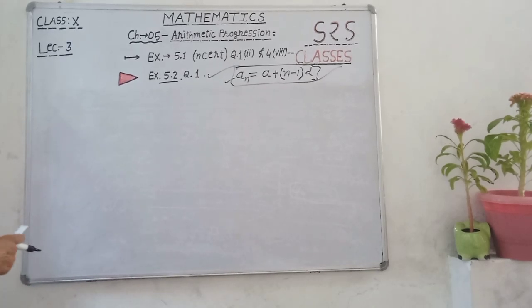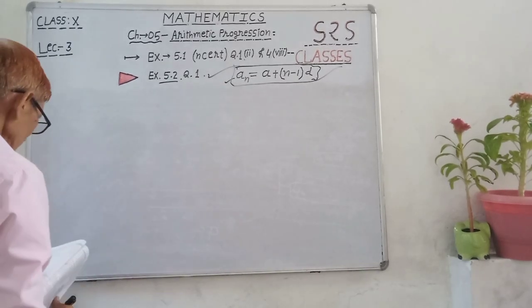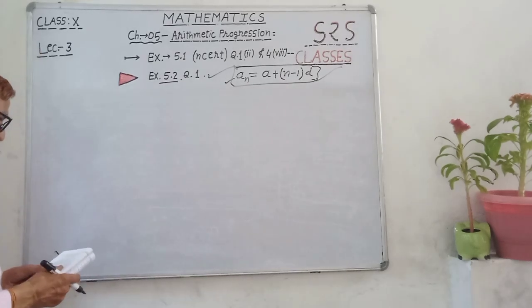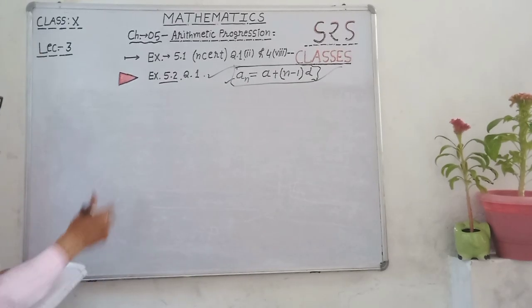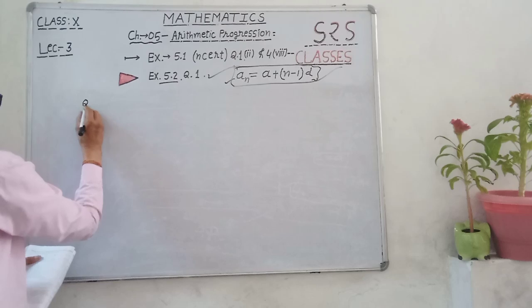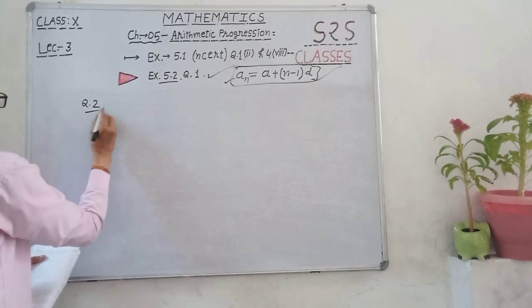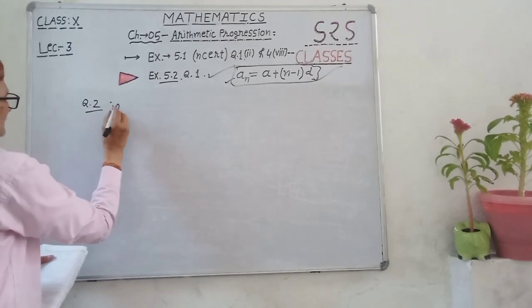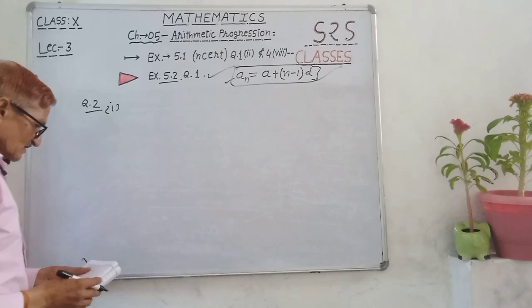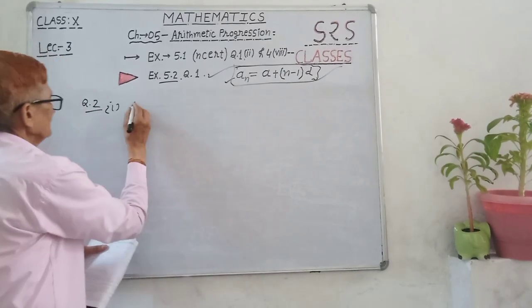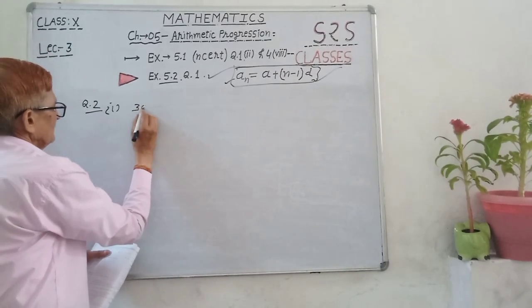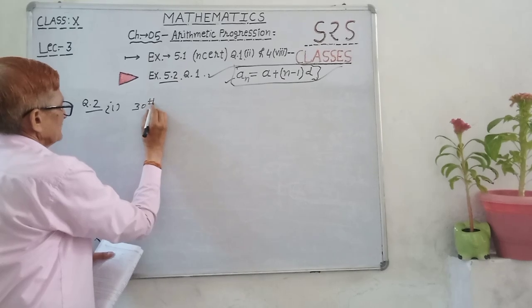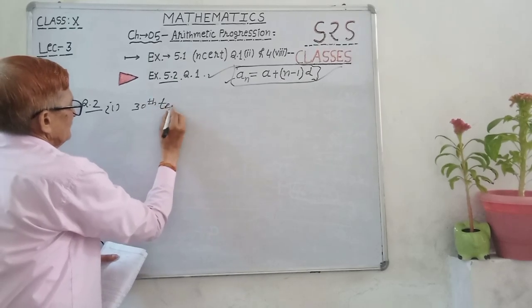Choose the correct choice in the following and justify. First part. What is the first? The 30th term of an AP.